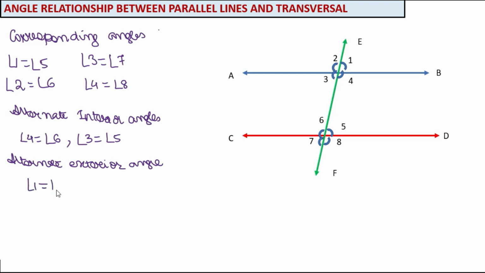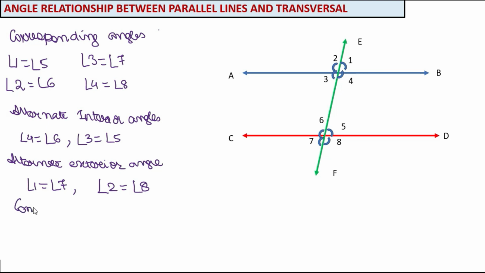These are exterior angles, also alternate exterior angles, and angle 2 equals angle 8. All these are applicable in the case of parallel lines. Parallel lines make corresponding angles equal, alternate interior angles equal and alternate exterior angles equal.